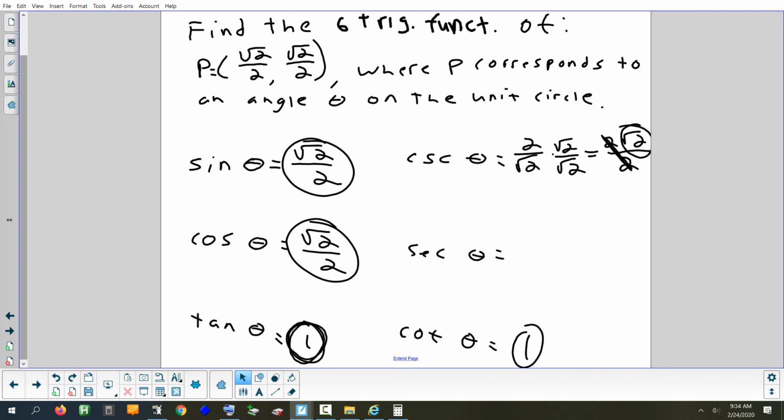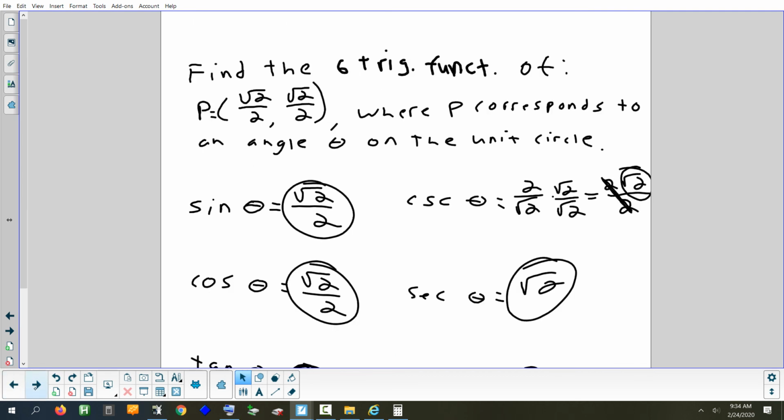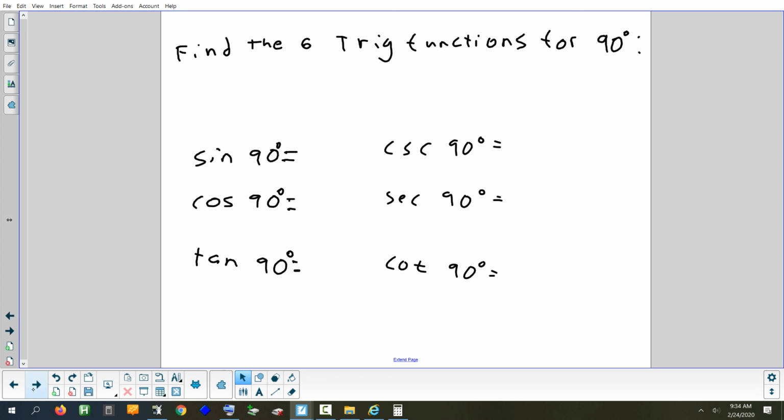Square root of 2, because the cosine and sine were the same. Any questions on it? So both of those were the type where I give you a coordinate to start with.